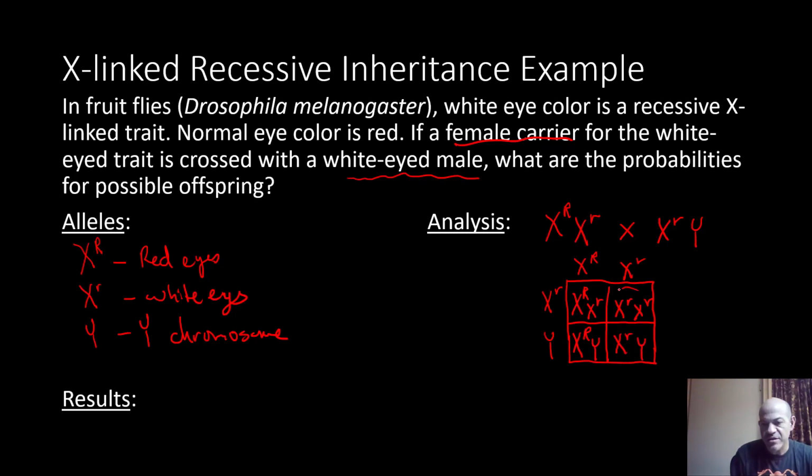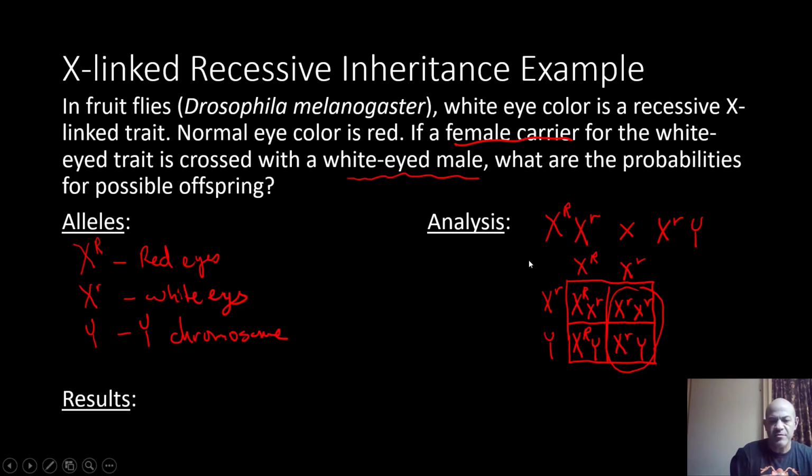You can see here that half of the offspring are going to have white eyes, and the other half on the left side are going to be red-eyed. The female would be a red-eyed carrier. But of the offspring that are white-eyed, half of those are going to be female, and the other half would be male.